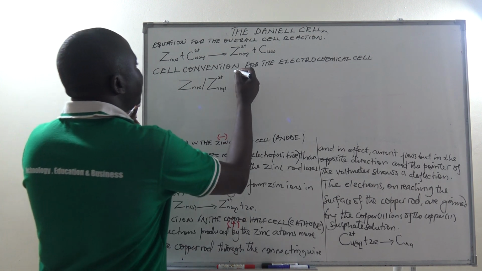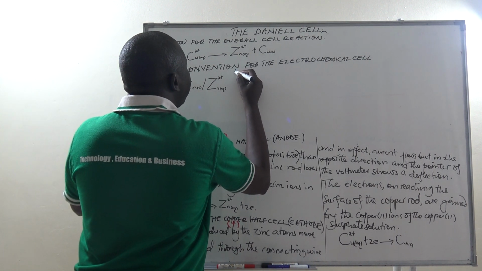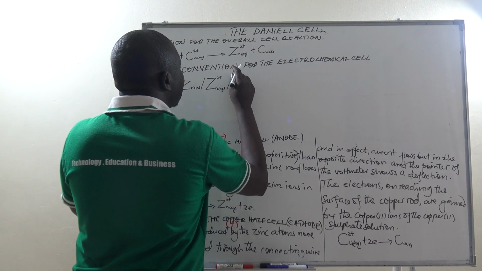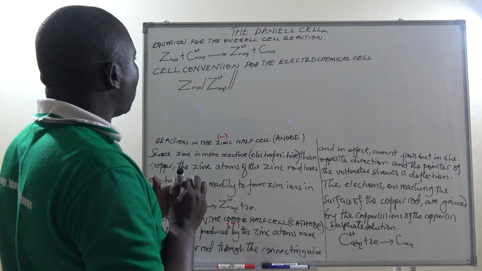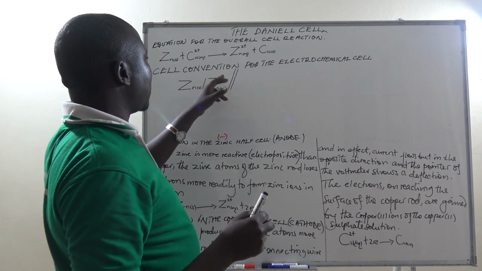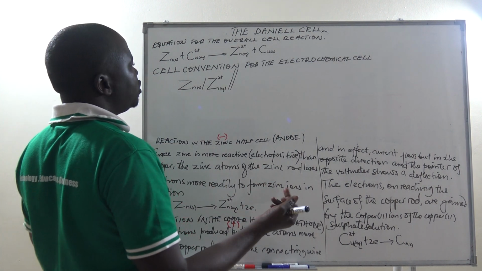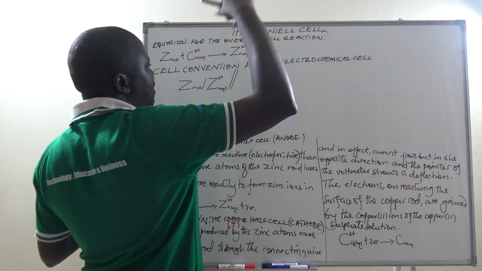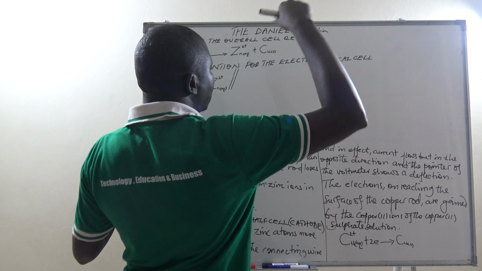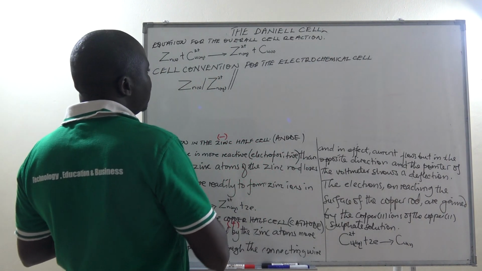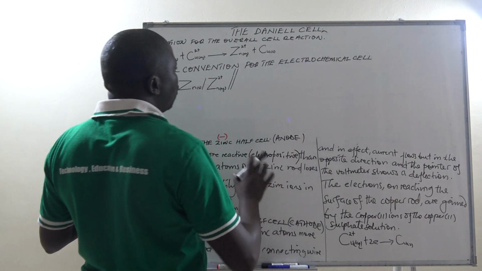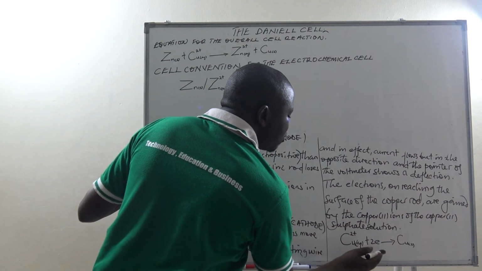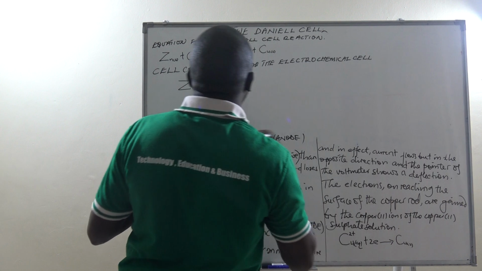So this is what takes place in the zinc half cell, and it is what takes place first. Then we shall use two longer bars which are slanted, and this one stands for the porous partition or porous wall or the porous pot, or we can also use it to represent the salt bridge which connects the two half cells together, or the two solutions in the two half cells together. So on the other side, what takes place next is the gain of electrons by the copper 2 ions to form copper metal.